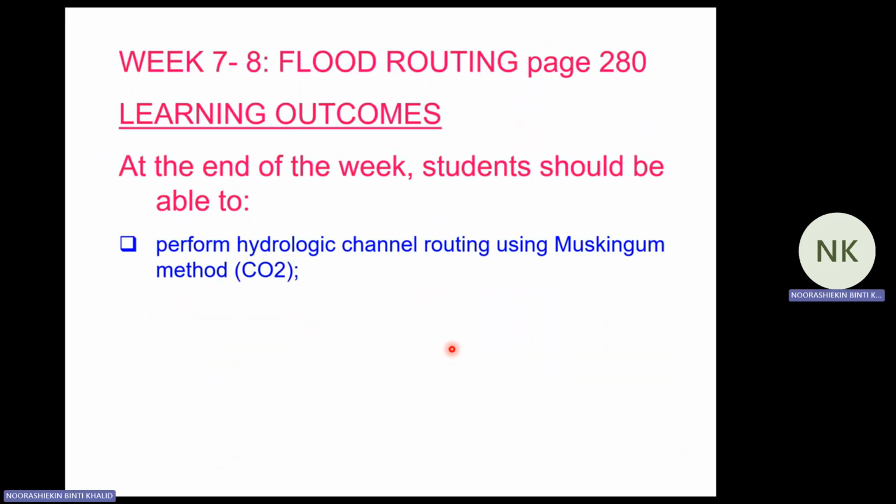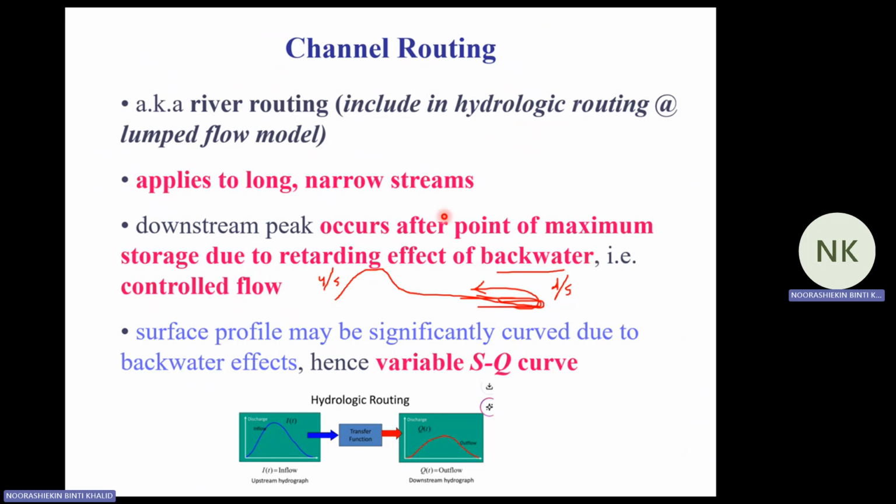So we go to the Muskingum method. The Muskingum method is used for channel routing or river routing. It applies to long and narrow streams. The downstream peak occurs after the point of maximum storage due to a retarding effect of backwater or control, meaning it is maximum at upstream and then goes downstream.